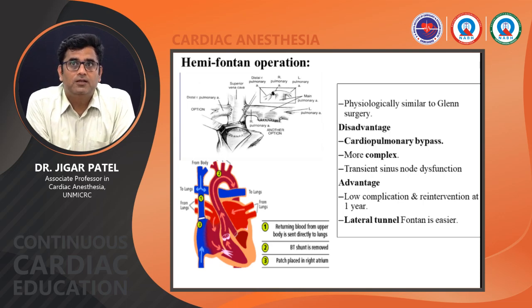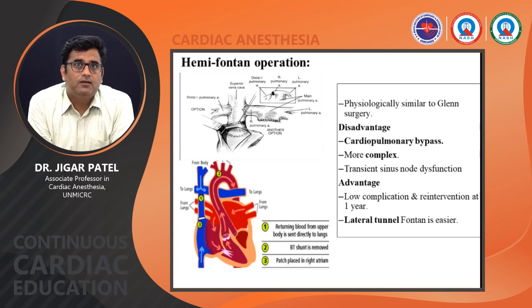Another approach is the Fontan operation. It is physiologically similar to the Glenn surgery, but has certain disadvantages like it requires cardiopulmonary bypass, it is more complex, and there is a high chance of transient sinus node dysfunction. But on the advantage side, it has very low complication and reintervention rates up to 1 year of age. And with Fontan, it is easier to do the lateral tunnel Fontan.